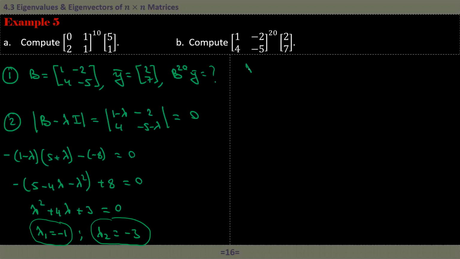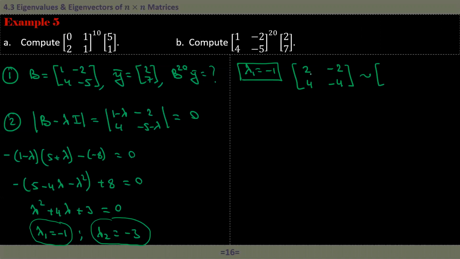In the first case, if lambda equals negative 1, just substitute here: 1 minus (-1) is 2, -2, and 4, -5 minus (-1) is -4. If you multiply the first row by negative 2 and add to the second row, it will be 0.